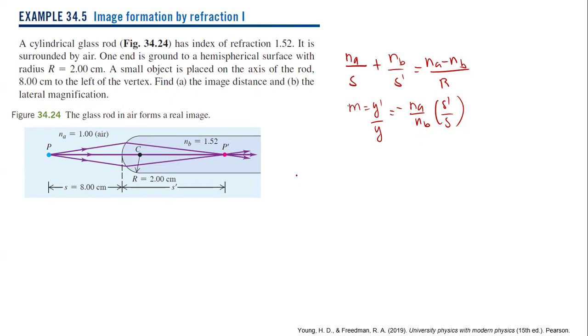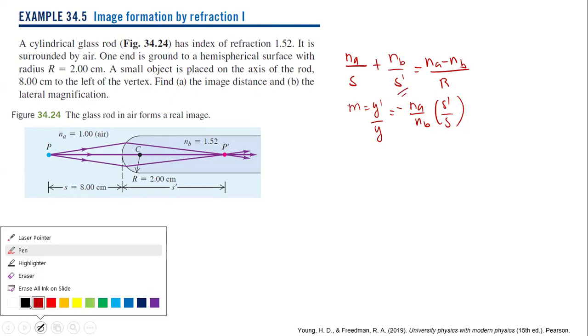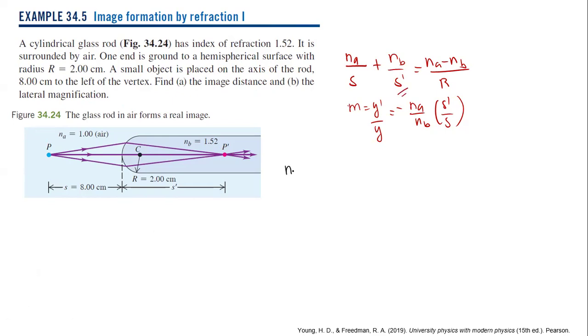For the image distance, this is our target variable. So n_b over s prime is equal to n_a minus n_b over R minus n_a over s.